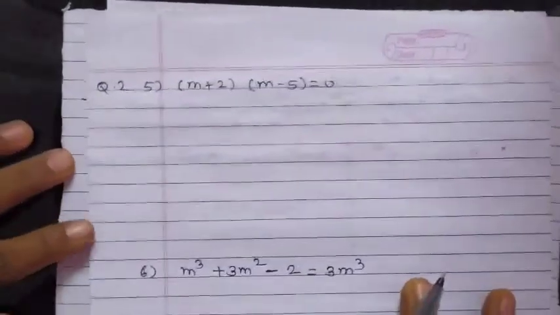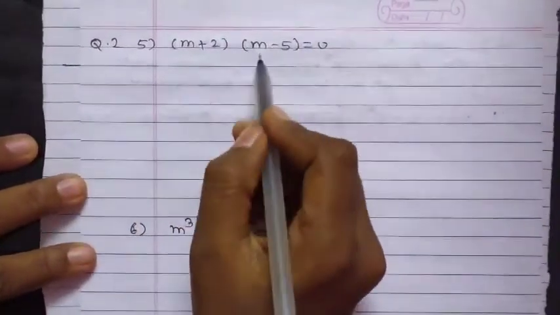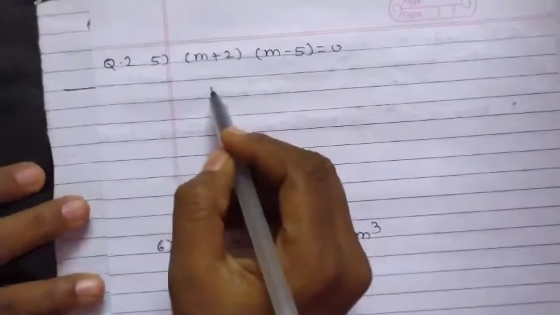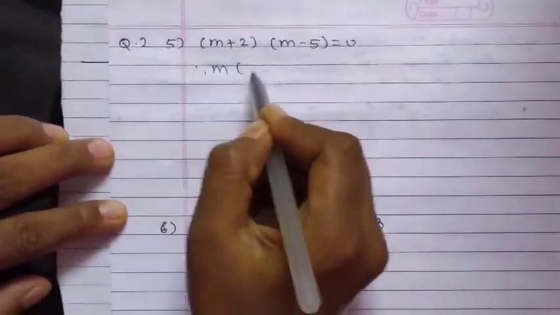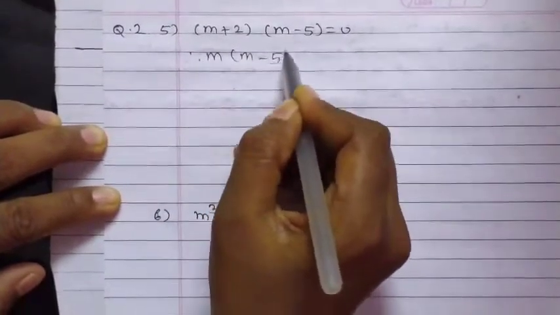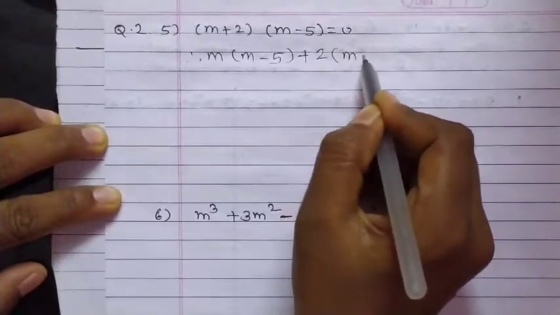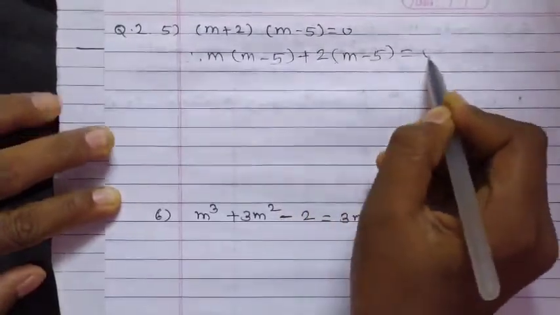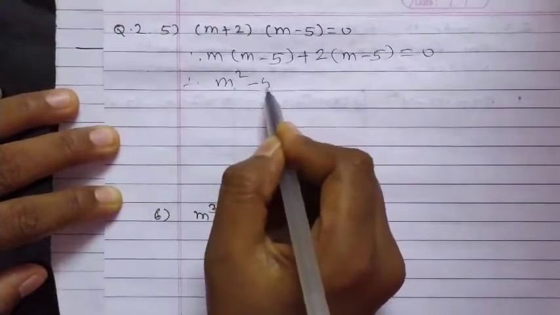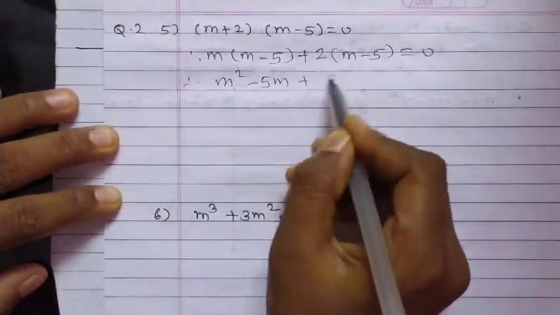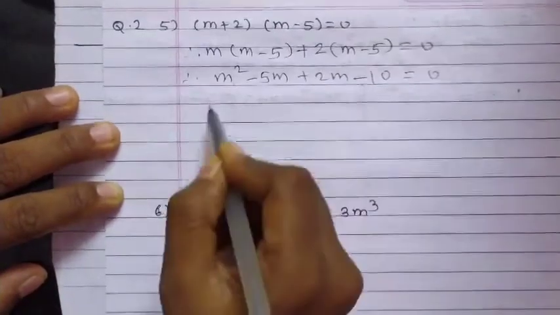Then fifth example, m plus 2 into m minus 5 equal to 0. We first solve this equation, that is m into m minus 5 plus 2 into m minus 5 equal to 0. Then m into m, that is m square minus 5m plus 2 into m, that is 2m minus 10 equal to 0.